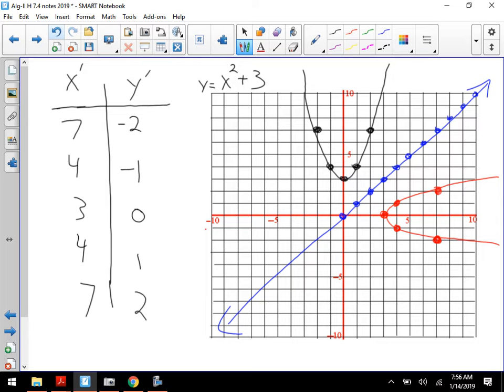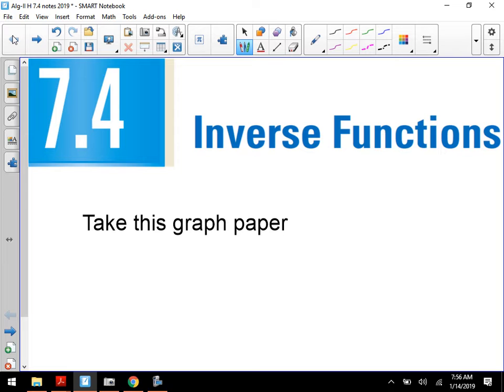But the reason why they look like that is because these two graphs, the one I graphed in black and the one I graphed in red, they're inverses of one another. Basically what that means is, well, there's a whole bunch of definitions here. So what we're looking at today are inverse functions. And in order for functions to be inverses of one another, they have to be symmetrical about the line y equals x.